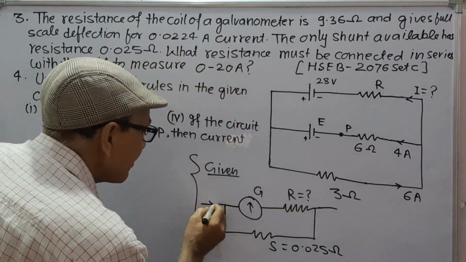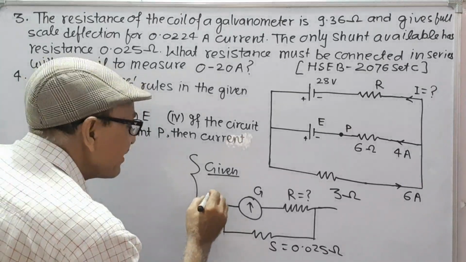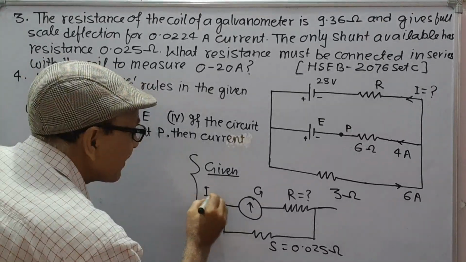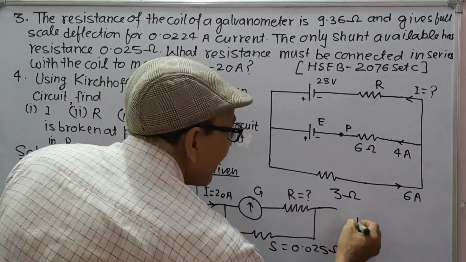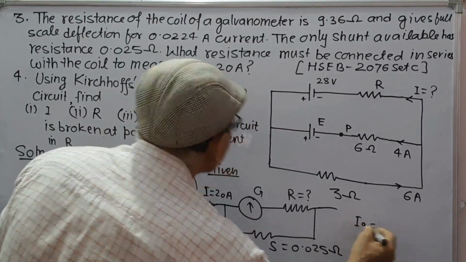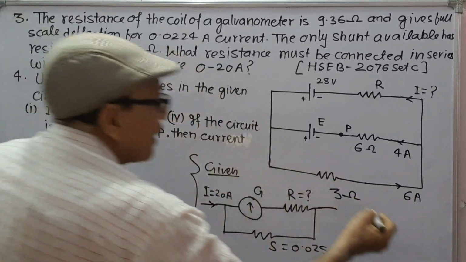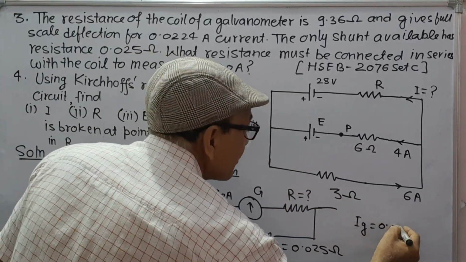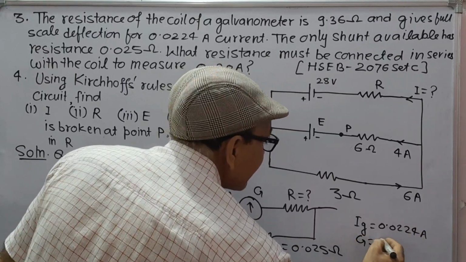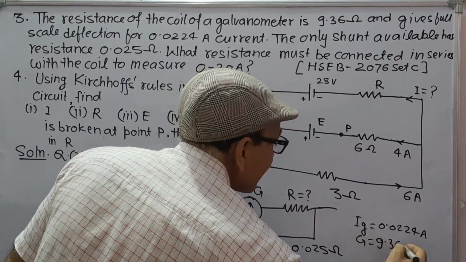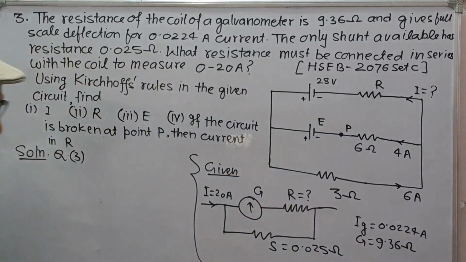We have to measure maximum current 20 ampere, Ig is 0.0224 ampere and G is 9.36 ohms. We have to calculate R.